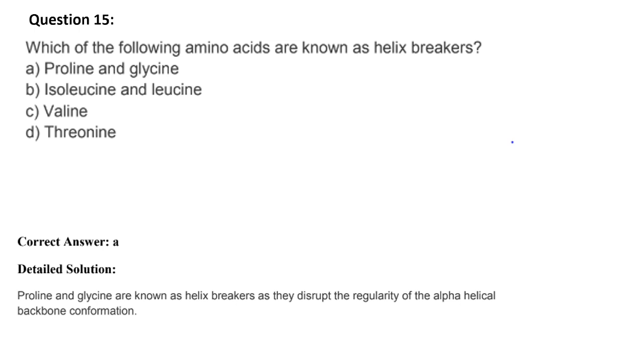Glycine does not have any side chain to interact, and proline gives a turn. So it disrupts the regularity of the alpha helix, so they are known as helix breaker.